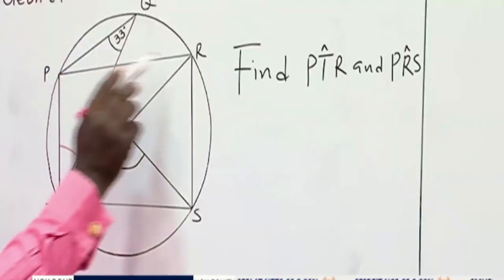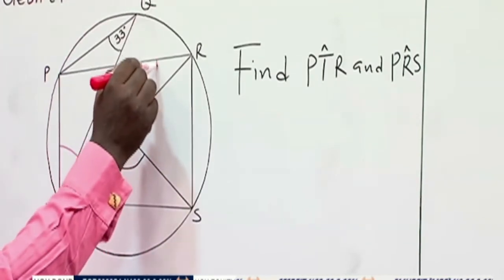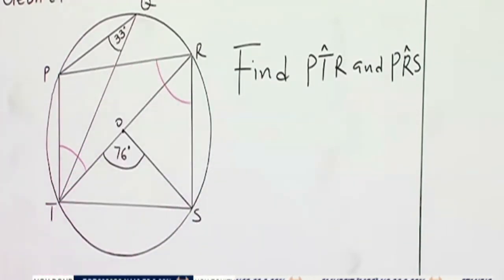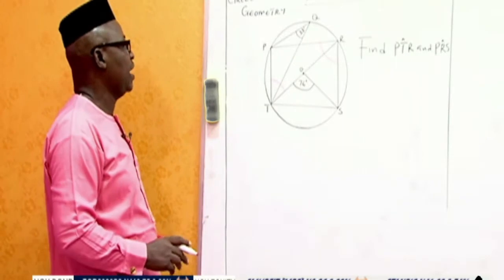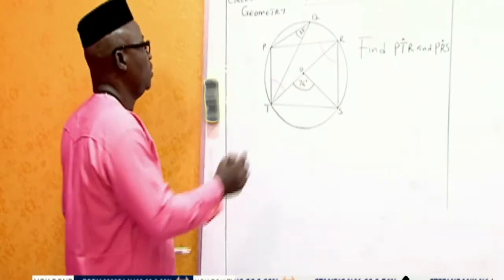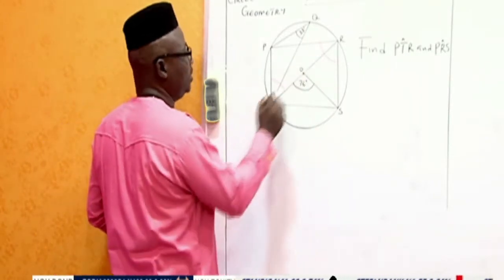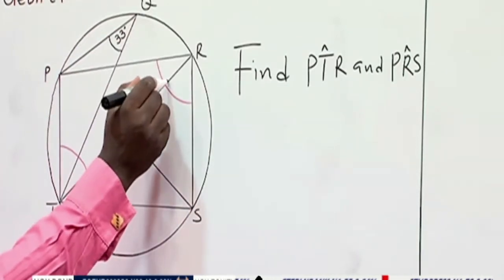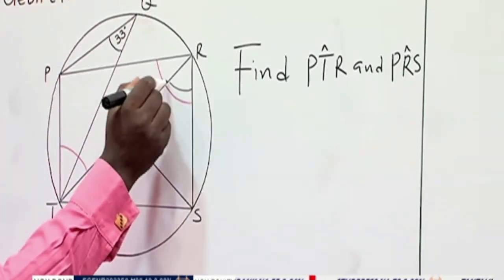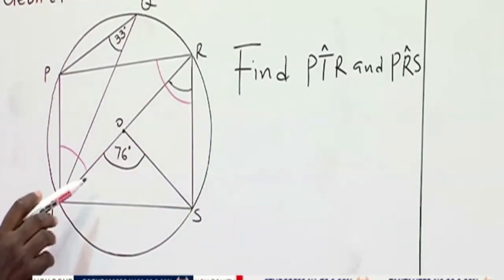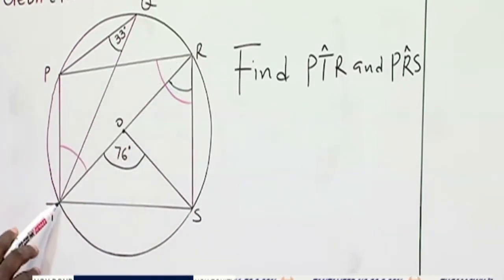This is PRS, the whole of the angle here. Now, to start with, this particular angle, TRS, that is this point here, is subtended at the circumference by the arc TS.